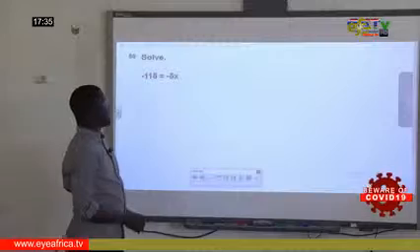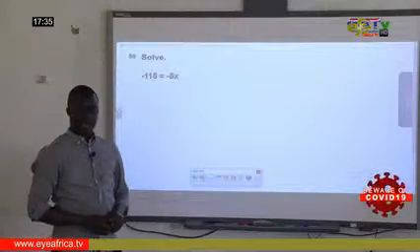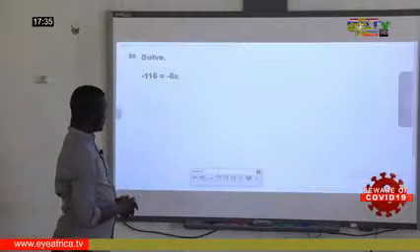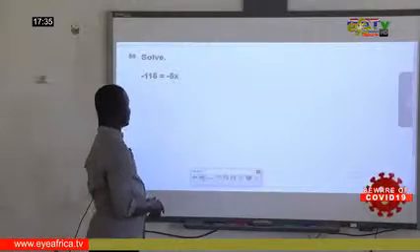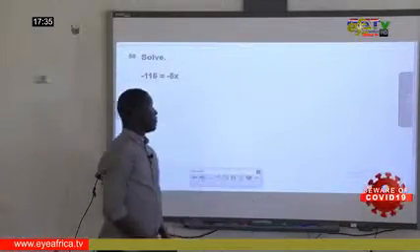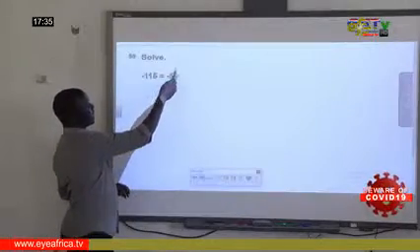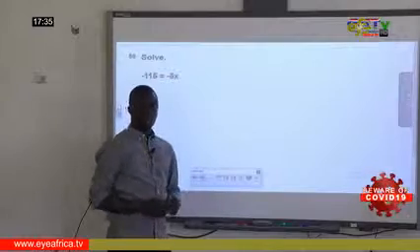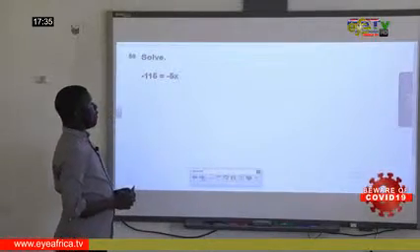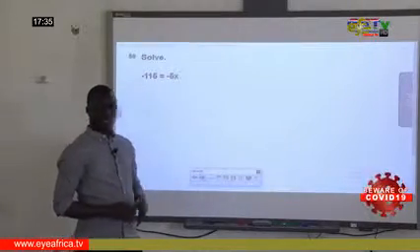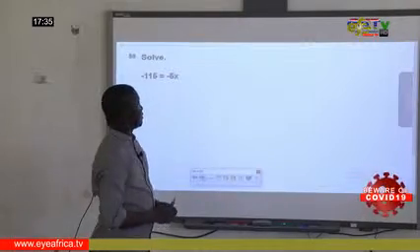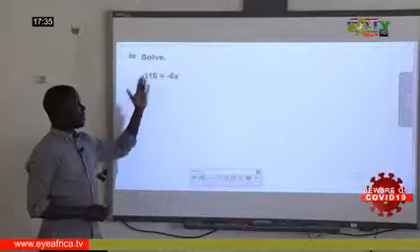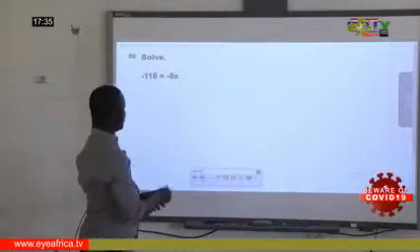Solve negative 115 equals negative 5x. As we said before, this means negative 5 times x. So the operation here is multiplication, and therefore the inverse of multiplication is division. That way we will divide both sides by negative 5 in order to isolate our variable.